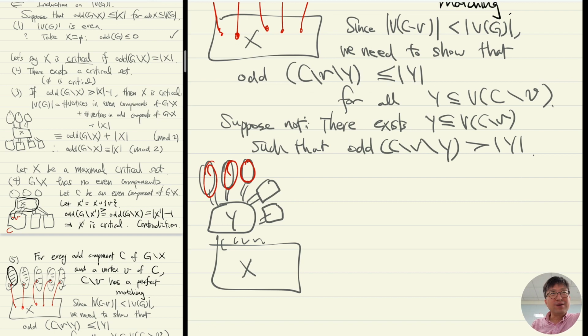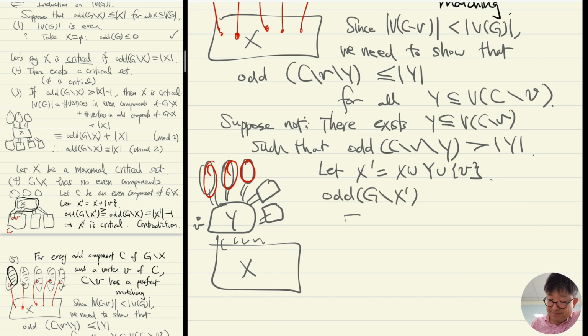Now what's going to be our strategy? We're going to take X prime to be X union Y union V. Now what happens if I delete X prime from graph G? First of all, the existing odd components of G delete X still remain as odd components, so it's |X| minus 1.